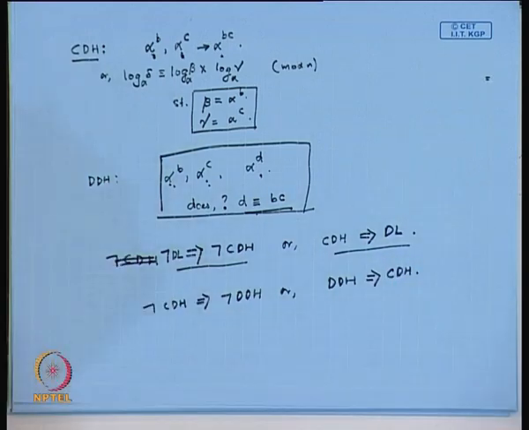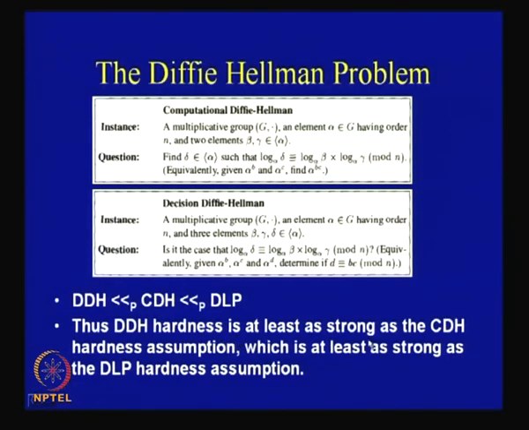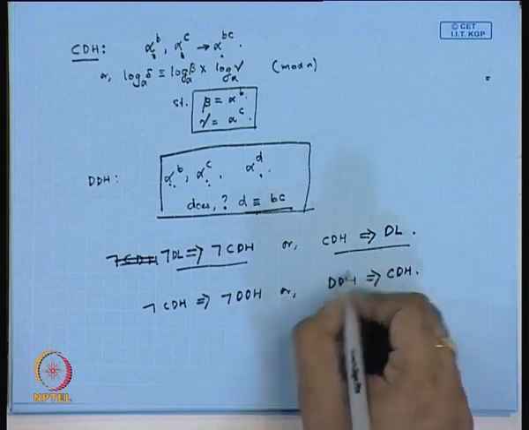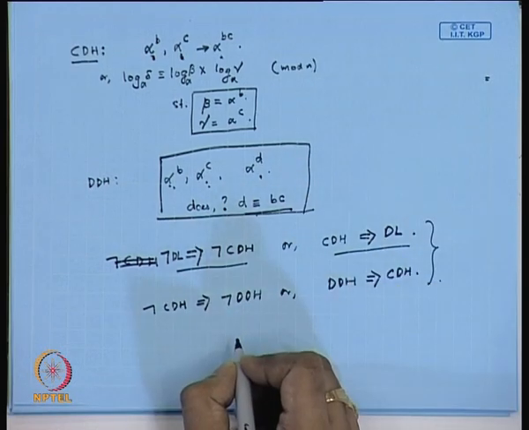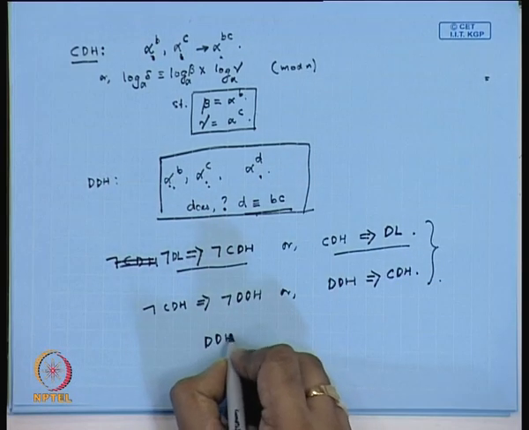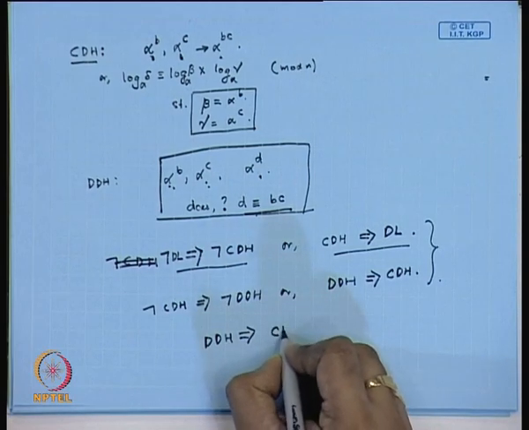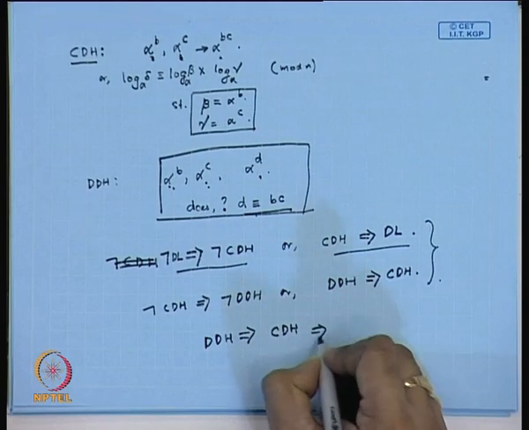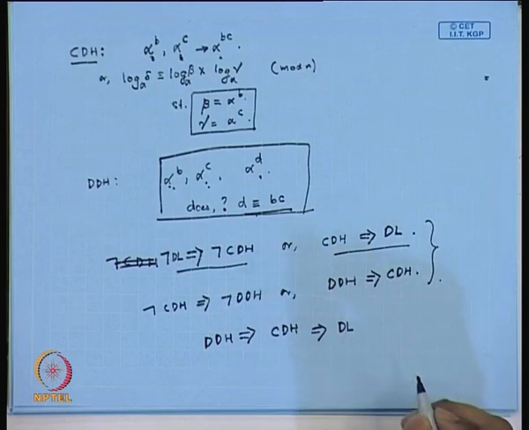Therefore, we can conclude that the DDH hardness assumption is at least as strong as the computational Diffie-Hellman hardness assumption, which is at least as strong as the discrete logarithm problem hardness assumption, right. Do you understand this? What I am essentially doing is combining these two things and writing that the DDH assumption implies the CDH assumption, which implies the discrete log problem assumption.